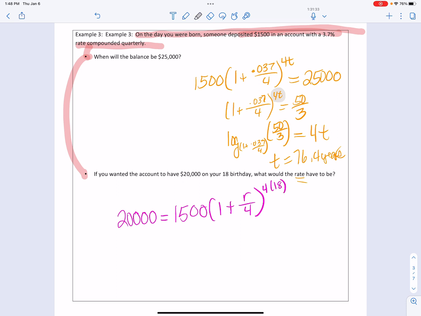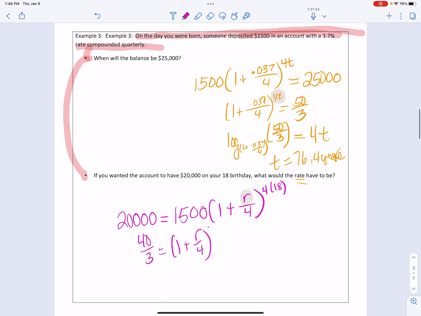If you look, my variable is not in the exponent, so I do not need logs. So the first thing I'm going to do is divide by 1,500, and I get 40/3 equals 1 plus r over 4 to the 18 times 4, which is 72.